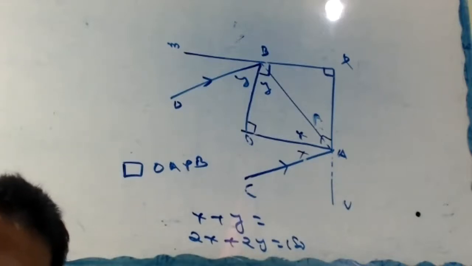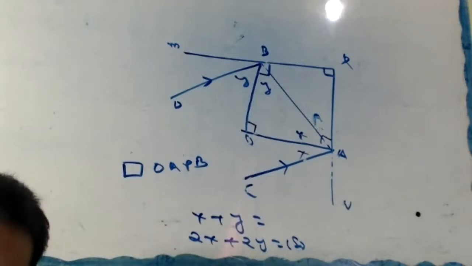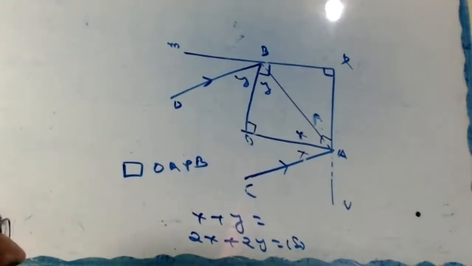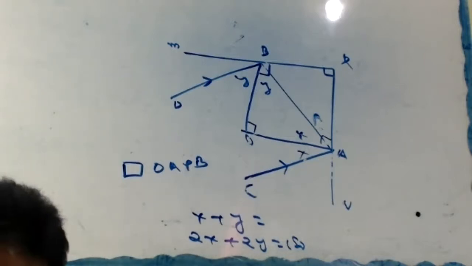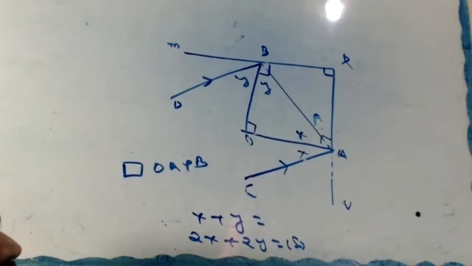Since the co-interior angles CAB and ABD are supplementary, CA is parallel to BD.